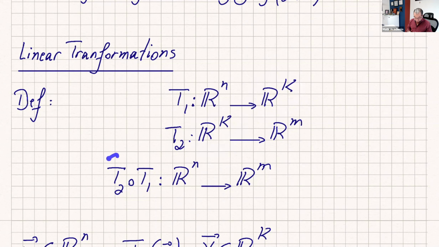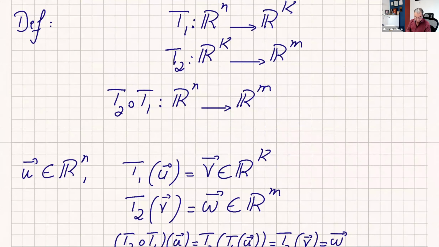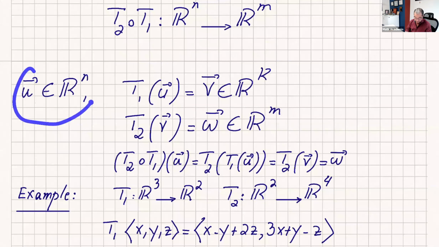When you do T2 ρ T1, again, you can just read it as rho. It's a Greek letter. Let me do that again. So T2 ∘ T1 goes from Rn to Rm. So it goes from here to here. Now u is a vector in Rn.